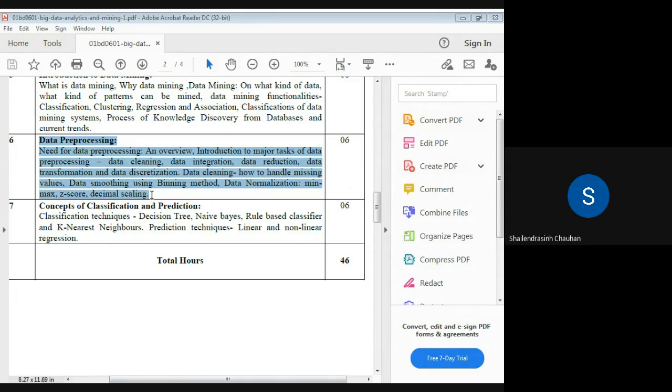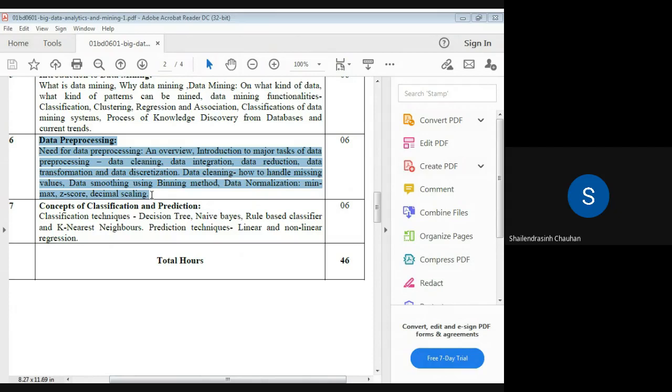Now, initially, whenever you are trying to integrate or collect data from multiple stores and sources, at that time, based on your requirement, you are going to pre-process the data. In pre-processing, you perform various tasks.